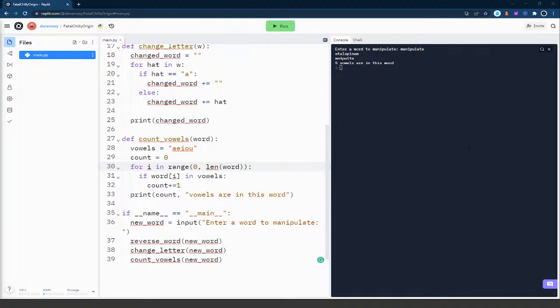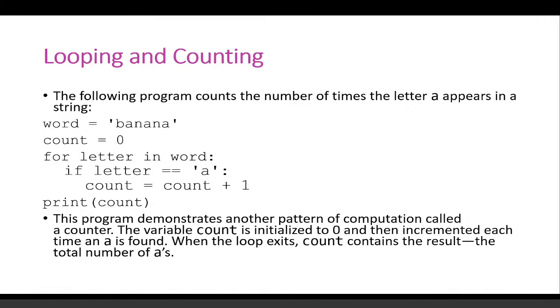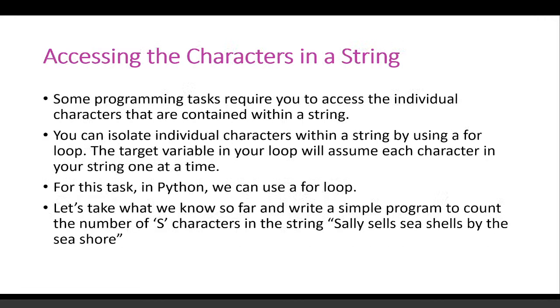In iterating over the word, we're able to access each letter one at a time and deal with it that way. And so that's what we're doing here when we're accessing the string.